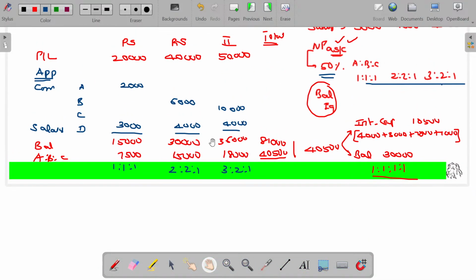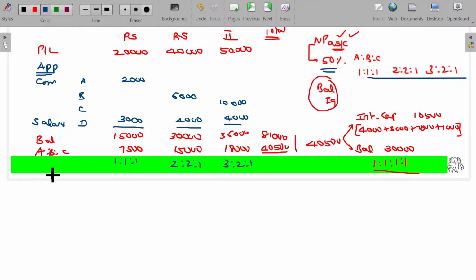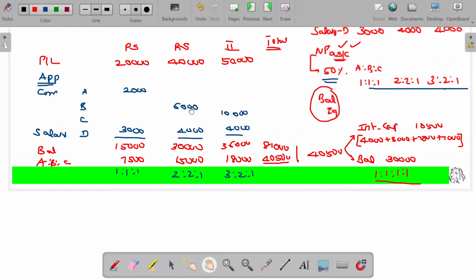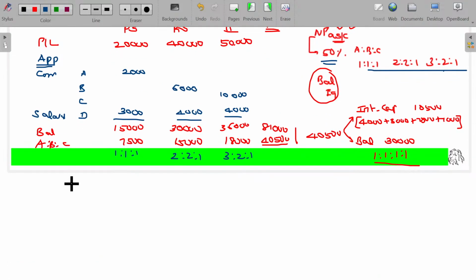Now, I will calculate the overall capital of the partners. What's their capital in the beginning? Opening capital for A, B, C, D: 40,000, 30,000, 25,000 and 10,000.